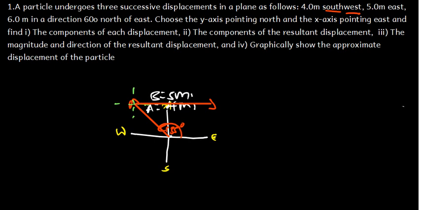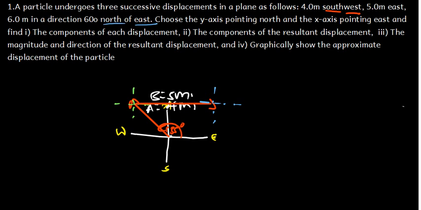Let's now have our xy plane again. We go to vector C, which they're saying is 6 meters in the direction of 60 north of east. The angle is nearer east than north. So this is going to be like this.